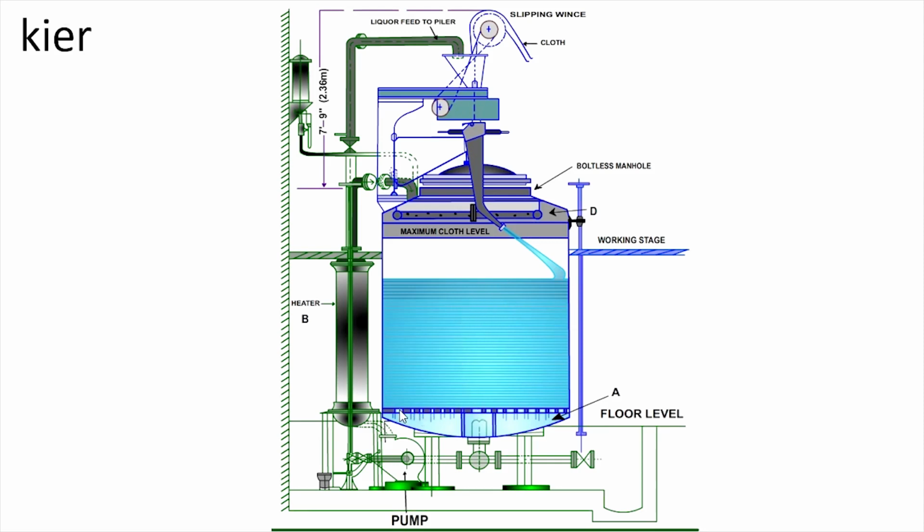And in the bottom there will be a false bottom with a perforated plate, and after that you have to load some waste material for 1 or 2 layers, then you have to load your fabric.